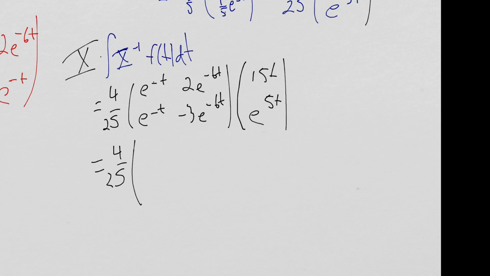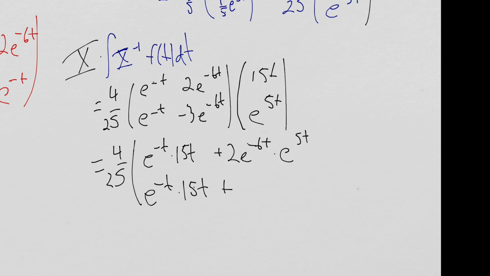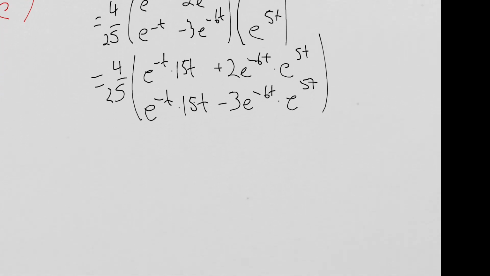I get e to the negative t times 15t plus 2e to the negative 6t times e to the 5t. In the bottom, I get e to the negative t times 15t again minus 3e to the negative 6t times e to the 5t. Some exponent work.